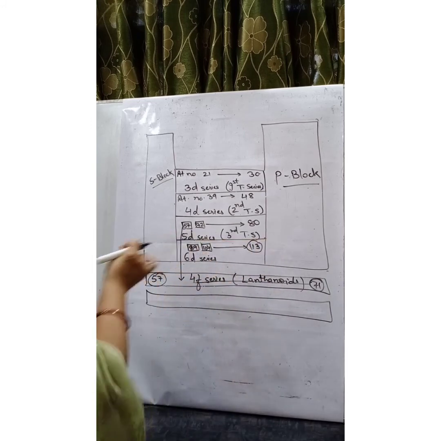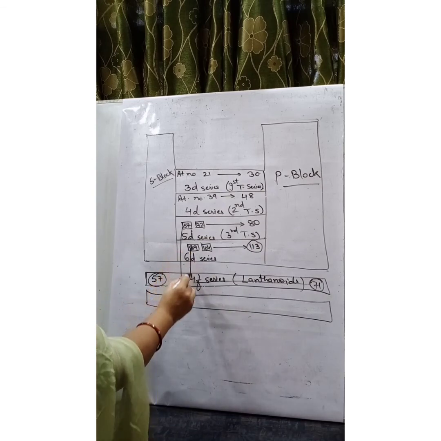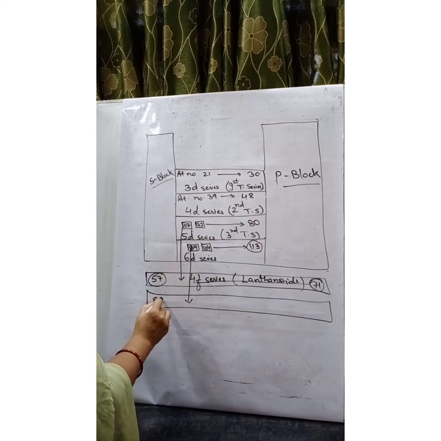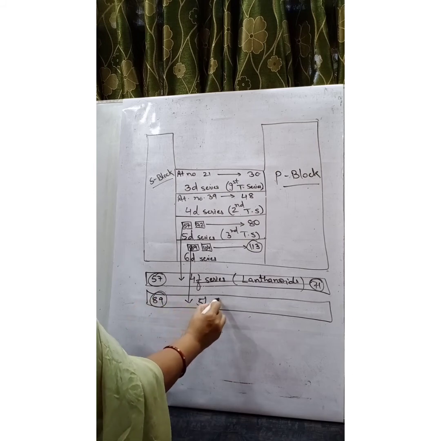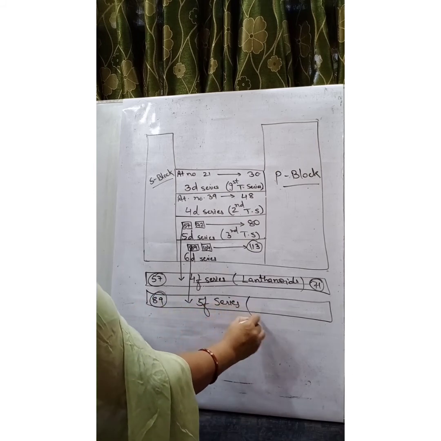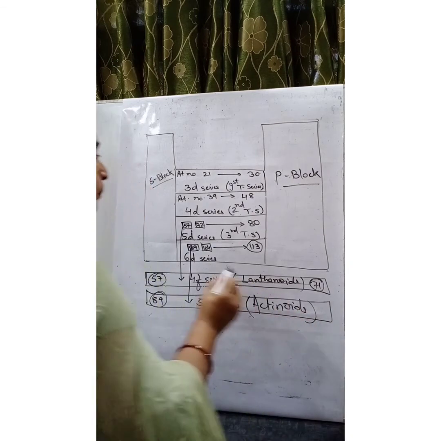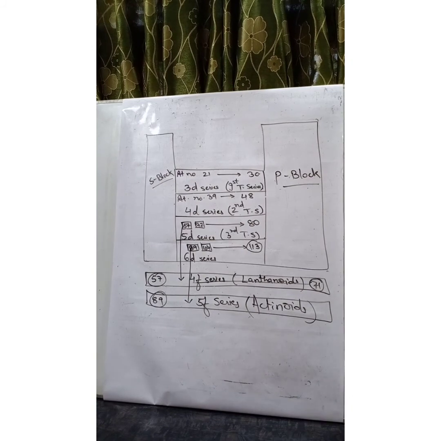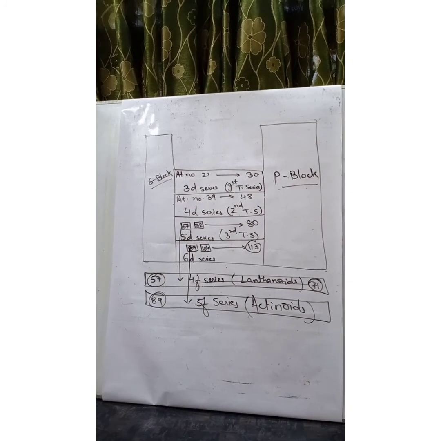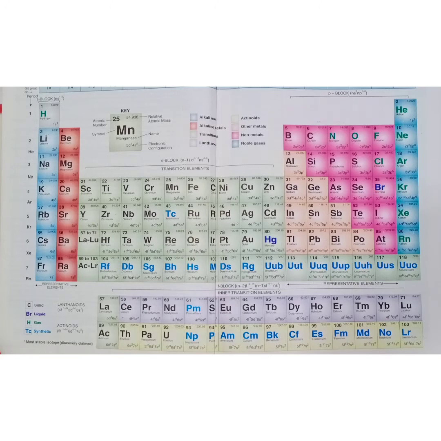Now in between 89 and 104, the elements are placed here at the bottom, which is known as the 5F series, or popularly called actinoids. Now we can easily identify the place of D and F block elements. D block elements are placed in the center, whereas F block elements are placed at the bottom of the periodic table.